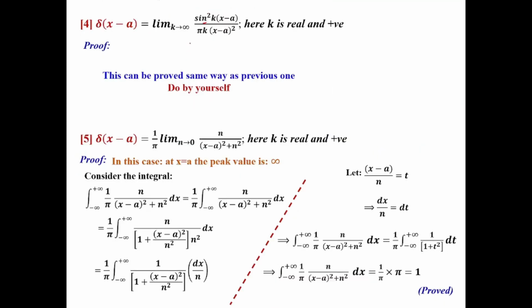You do it by yourself. Now the fifth function also represents the Dirac delta function, that is 1 by pi limit n tends to infinity of n by (x minus a) square plus n square. This one represents a Dirac delta function that we have to prove. Here k is positive and real.